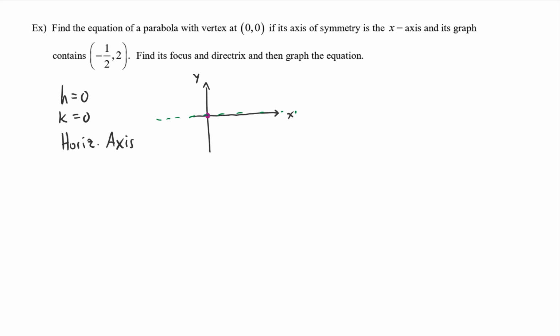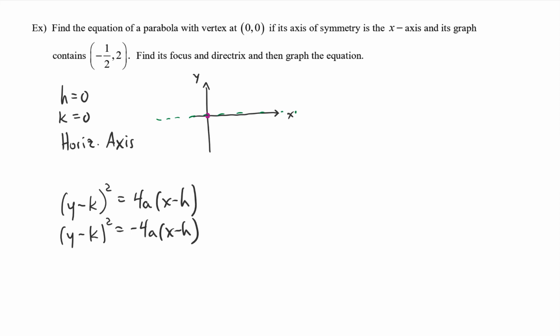Since it opens left or right, it's got to be y minus k squared equals 4a times x minus h, or it's got to be y minus k squared equals negative 4a times x minus h.